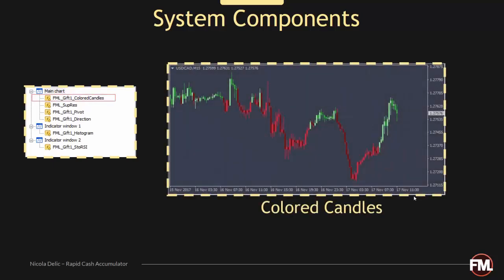If we start first with these colored candles, you can see that we have slightly changed how candles look. Nothing big changes there. The only difference compared to a normal candle is how we color them. We are using the 50 EMA to get the short-term trend of this time frame, and based on that we color the candle.